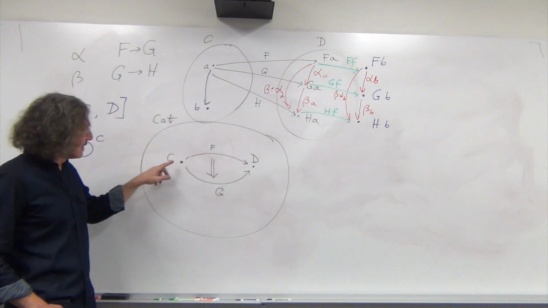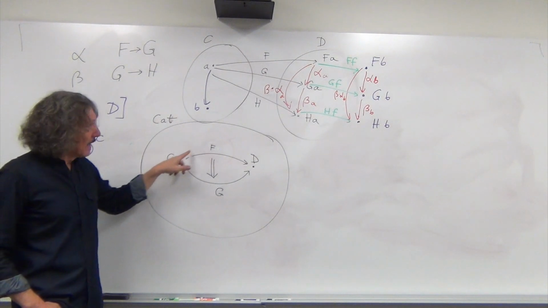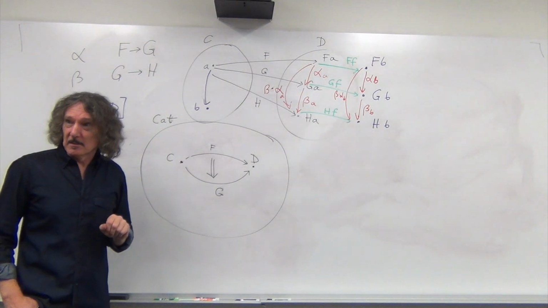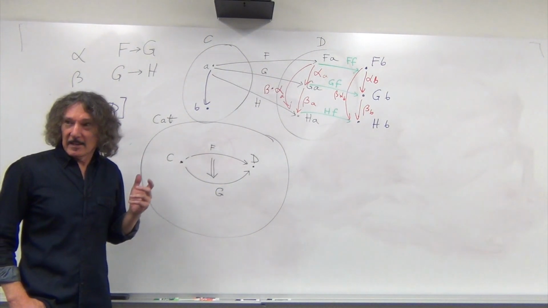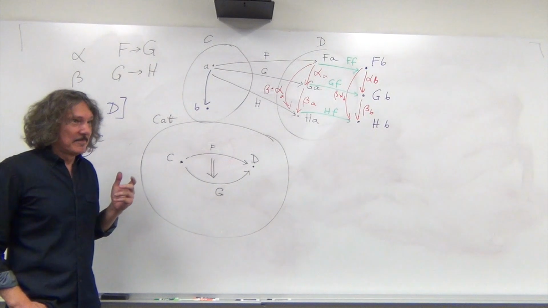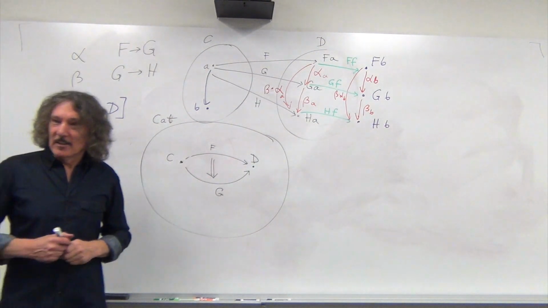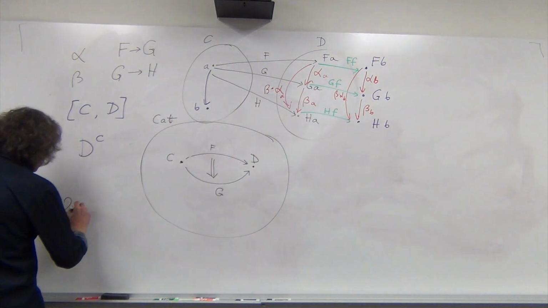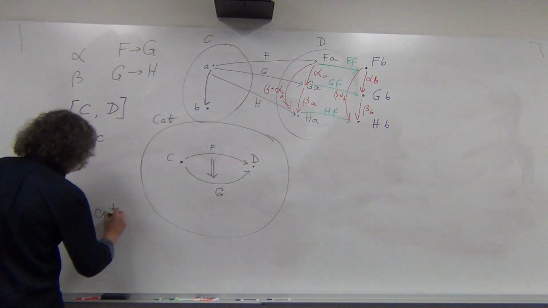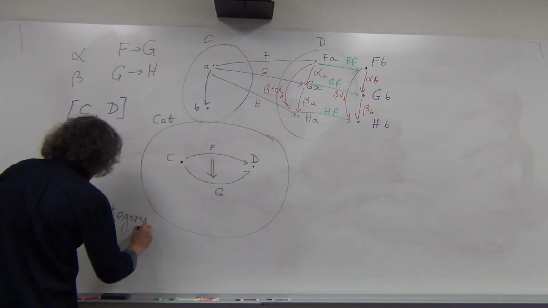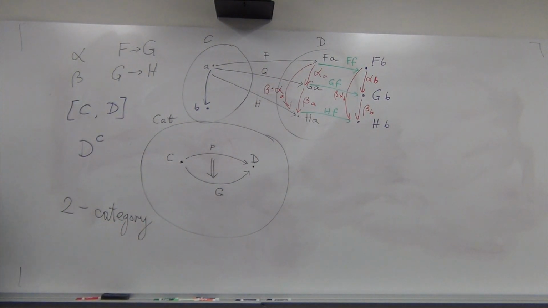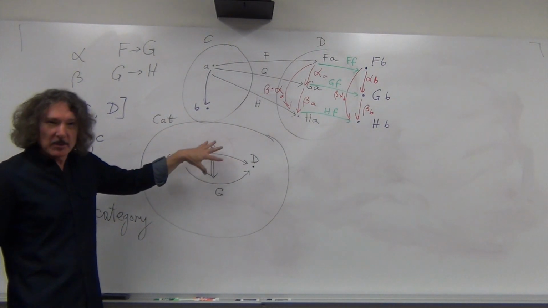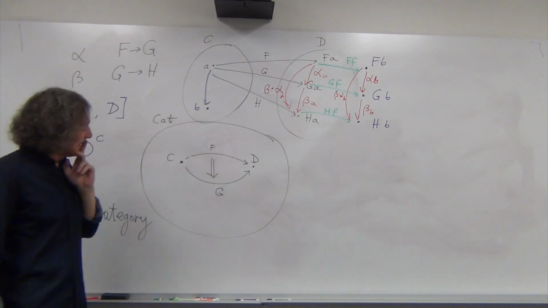And sometimes they even say 0 cells are objects, 1 cells are morphisms between objects, 2 cells are morphisms between morphisms, or between 1 cells. Okay? And this kind of structure is called a two category. So a category of categories has more structure. It's actually a two category. Right?